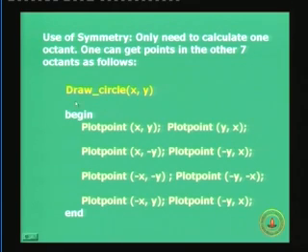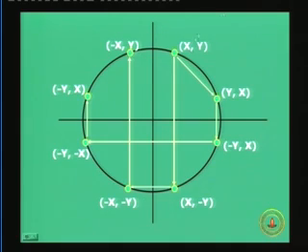This is the code for an overhead draw circle routine, which will plot all the 8 points on the screen corresponding to the 8 octants, obtained from the second octant point x comma y. All the other points in the other 7 octants are obtained using the symmetrical nature.